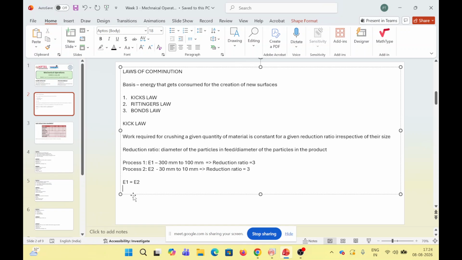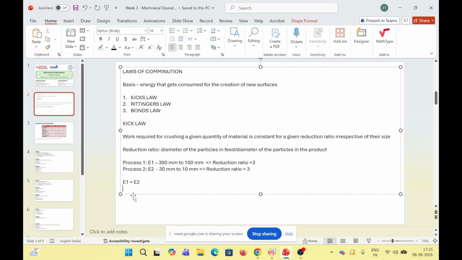So in case of Kick's law, E1 and E2 is the work that you are going to do, and that remains constant for a given reduction ratio irrespective of the particle size.